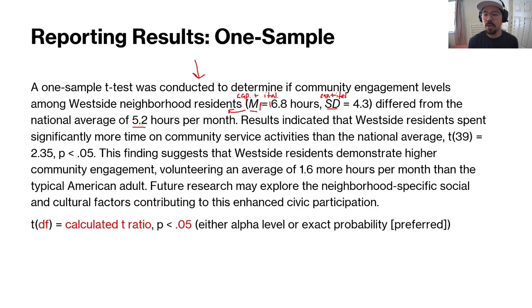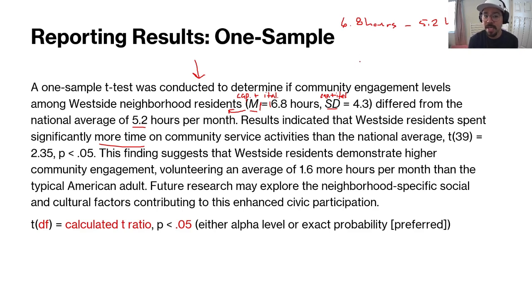Results indicated that West Side residents spent significantly more time on community service activities than the national average. How do we know that it's significantly more time? The reason that we know is that our sample was 6.8 hours on average, and our national survey data said 5.2 hours on average. So this piece about more time isn't just something we're pulling out of nowhere.